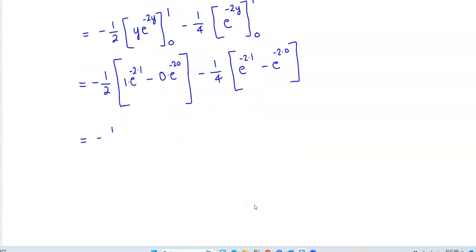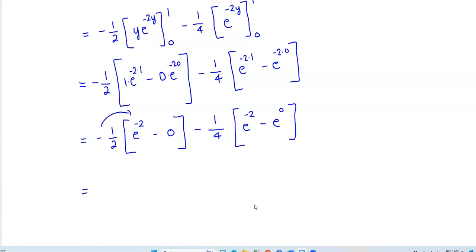So we get negative 1/2 times e to the negative 2, and this is 0, minus 1/4 times e to the negative 2 minus e to the 0.